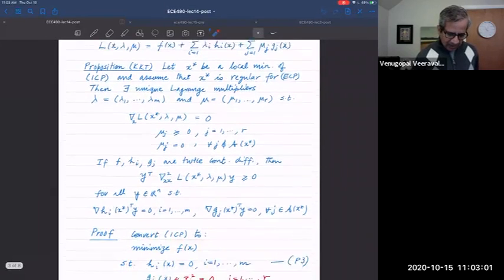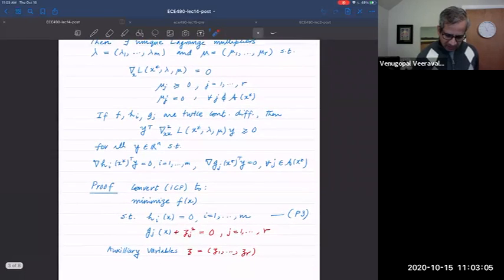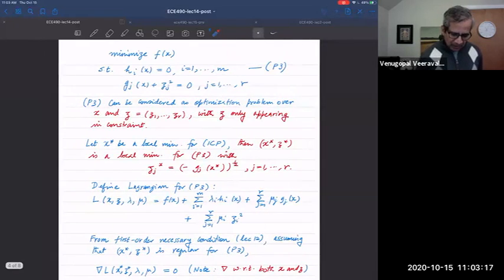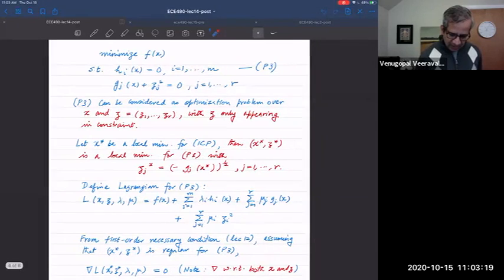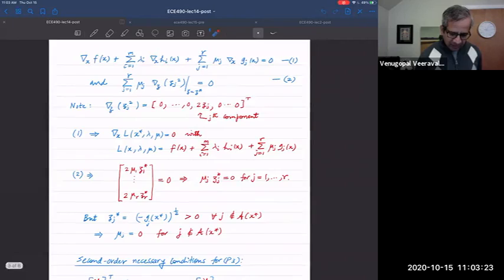We proved this by essentially converting the inequality constraints to equality constraints through the addition of auxiliary variables. And then we get to the final statement of the results.